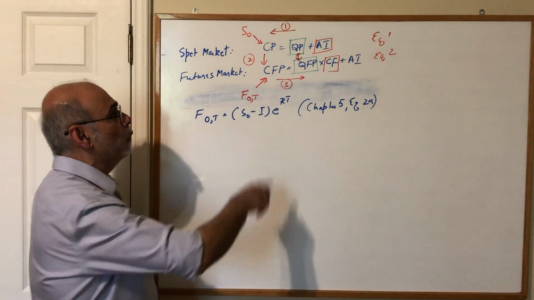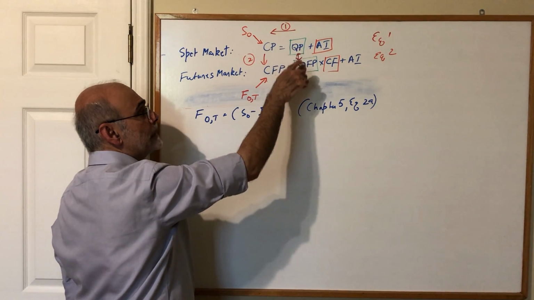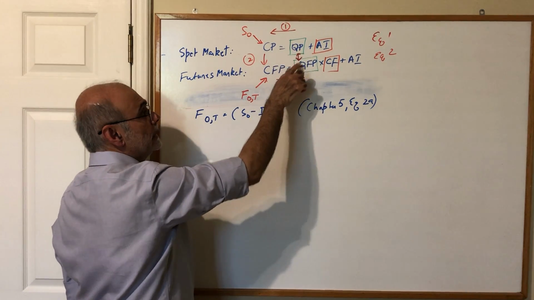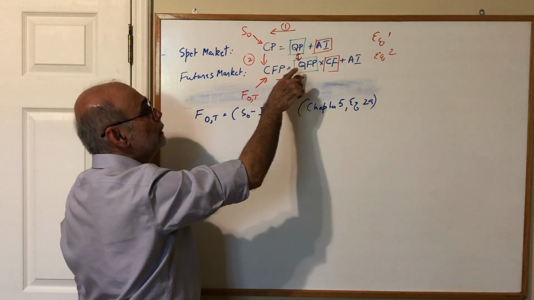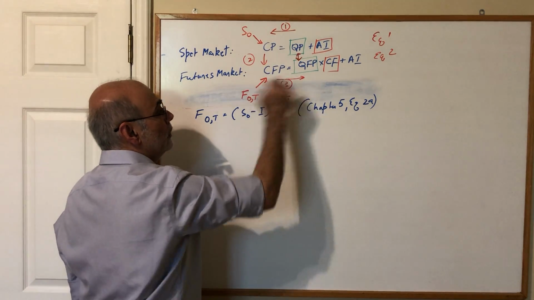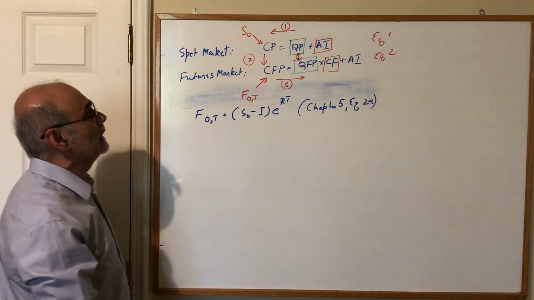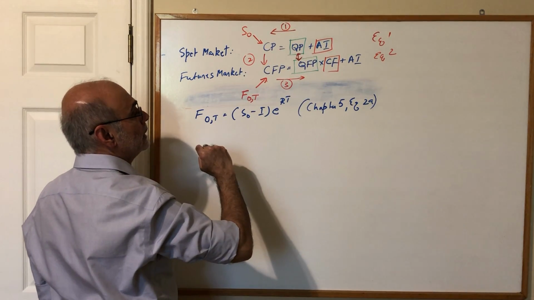So what I would like to know is the arbitrage-free price between these two observable quantities, but I can't determine it directly. I have to do it indirectly in 3 steps. 1, 2, 3. First step, I get S0 using this equation.